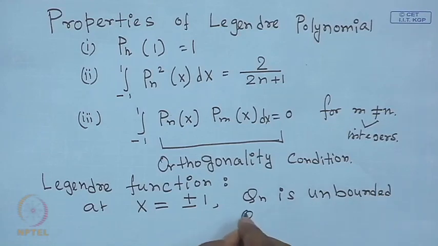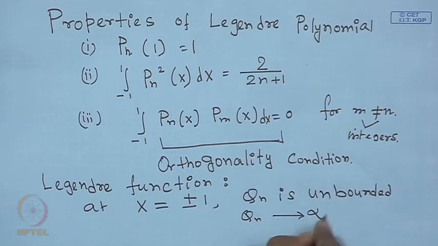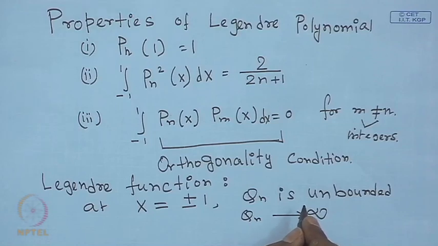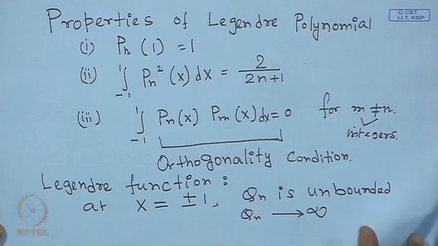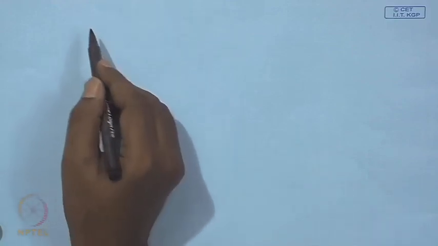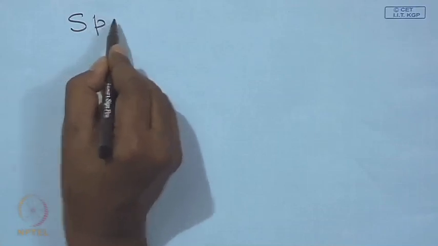That means Q n tends to infinity, or it will be infinite in nature. Now, typically we will be dealing with the Legendre functions, Legendre polynomial and Legendre equation whenever we are working in spherical polar coordinates.